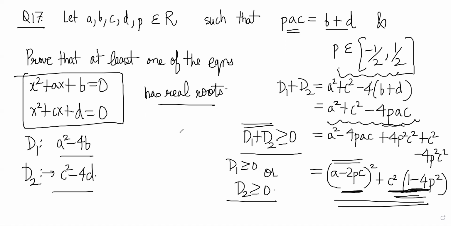So as long as your P lies in this range and PAC is equal to B plus D, one of these equations has to have real roots, right? We have established that very quickly by taking the sum of d1 plus d2, right? Okay, let's look at the next problem.